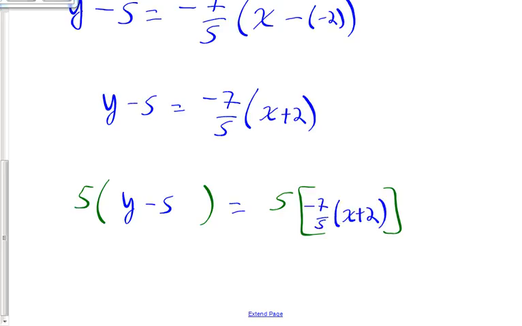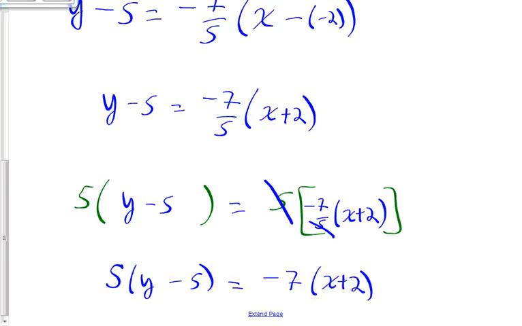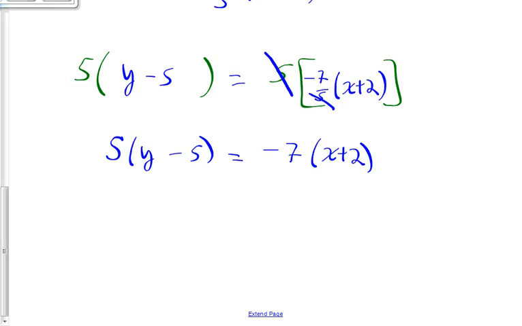The point of doing that is that the 5's on the right-hand side will cancel out, leaving me the equation 5 times y minus 5 is equal to negative 7 times x plus 2. Once again, we'll get rid of the parentheses with distribution, leaving me 5y minus 25 is equal to negative 7x minus 14.